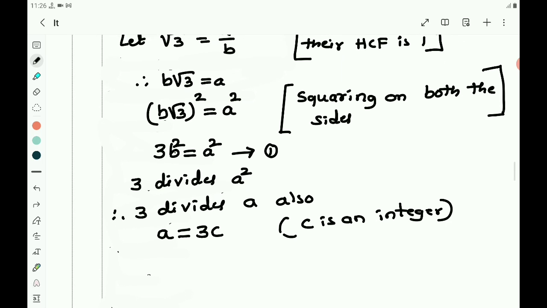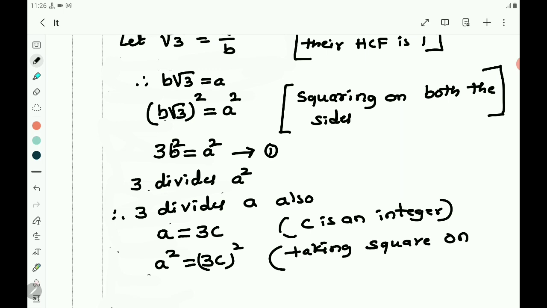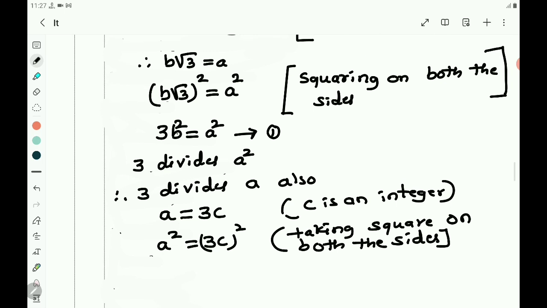Again you take square on both the sides. Squaring on both the sides, a square equals (3c) whole square. Then in the place of a square, you can write 3b square.